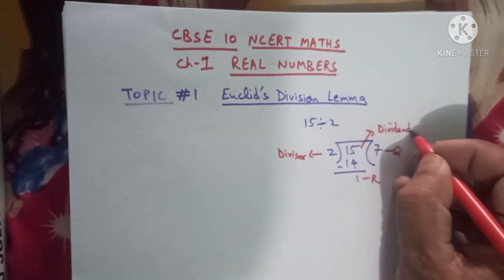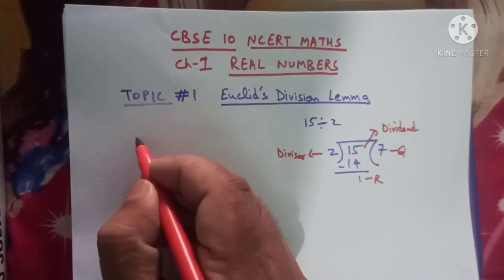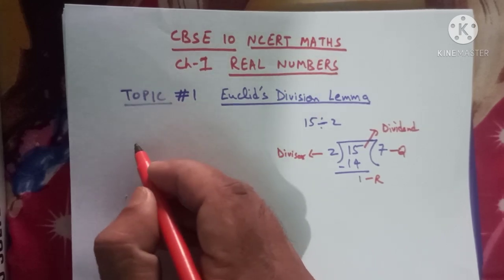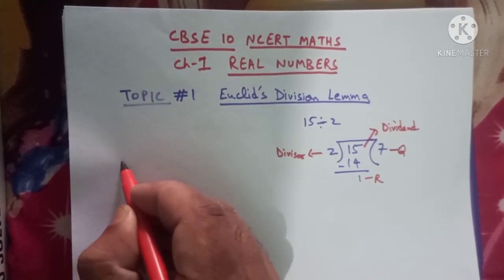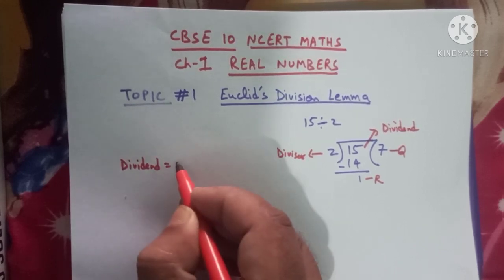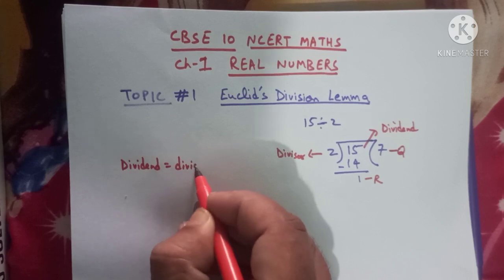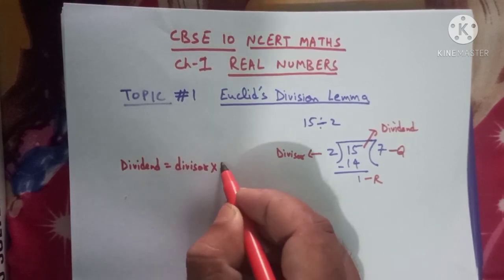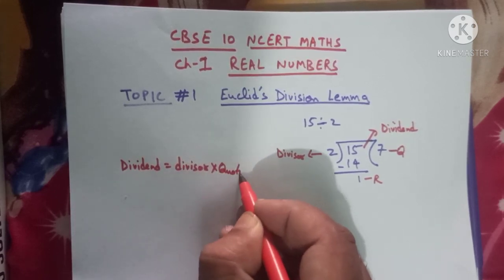Okay, so we know from our previous knowledge of junior classes that dividend is equal to divisor into quotient plus remainder.